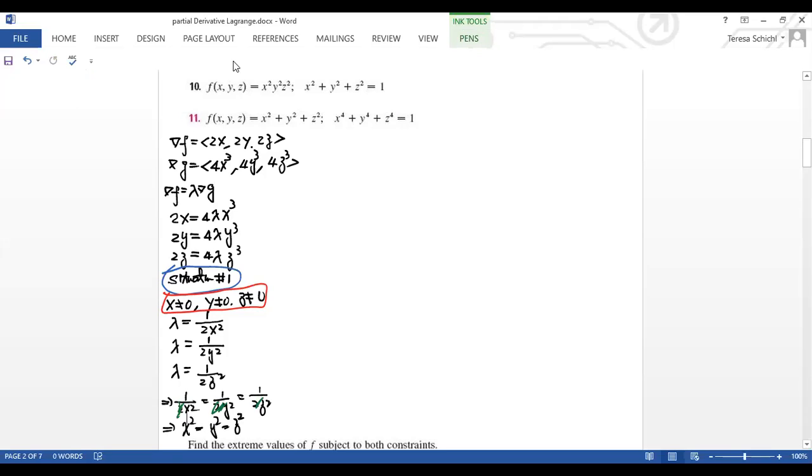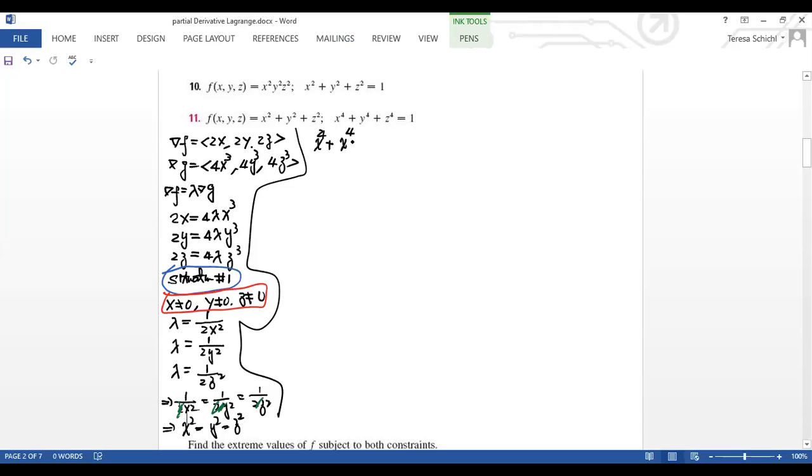Okay, so if x squared equals y squared equals z squared, then I substitute back into my constraint here. So that means x to the fourth, plus y squared equal to x squared, so this is another x to the fourth.